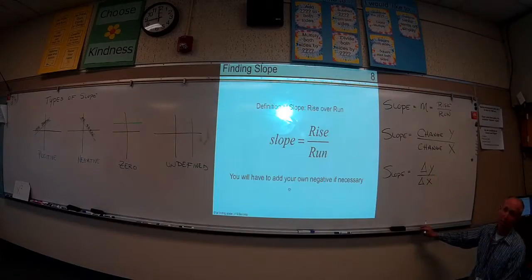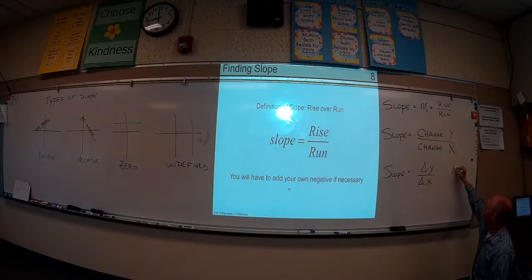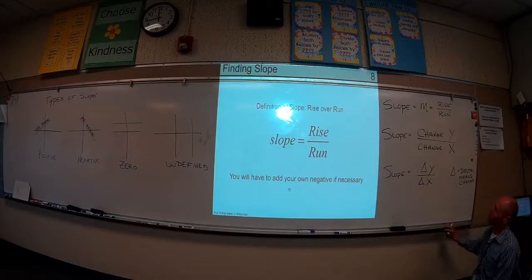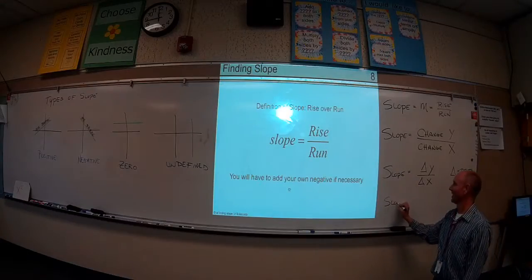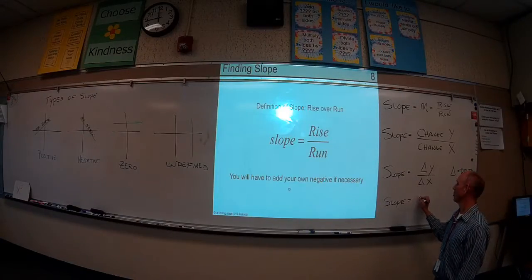It's not a triangle though. In math, we call this a delta. And delta means change. We also say that slope equals rate of change.